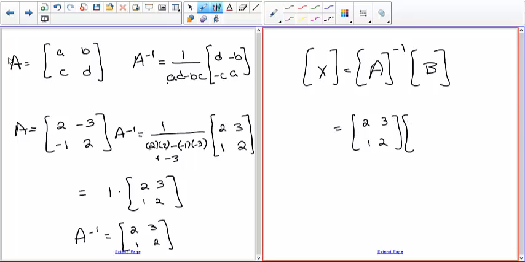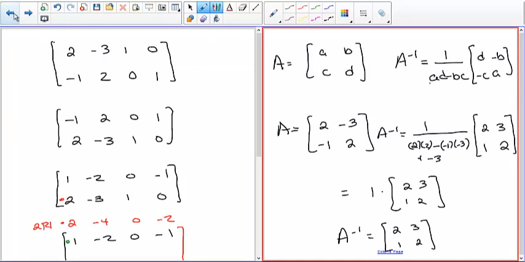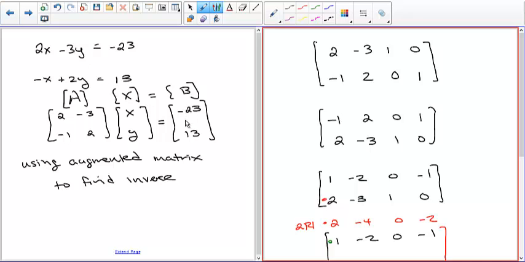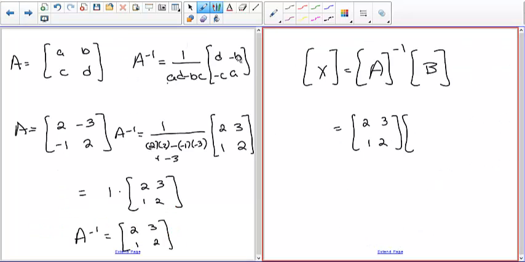And our B matrix is the right-hand side, which is negative 23, positive 13. And then we use matrix multiplication to get this. So the inverse of A times B gives you the solution matrix.